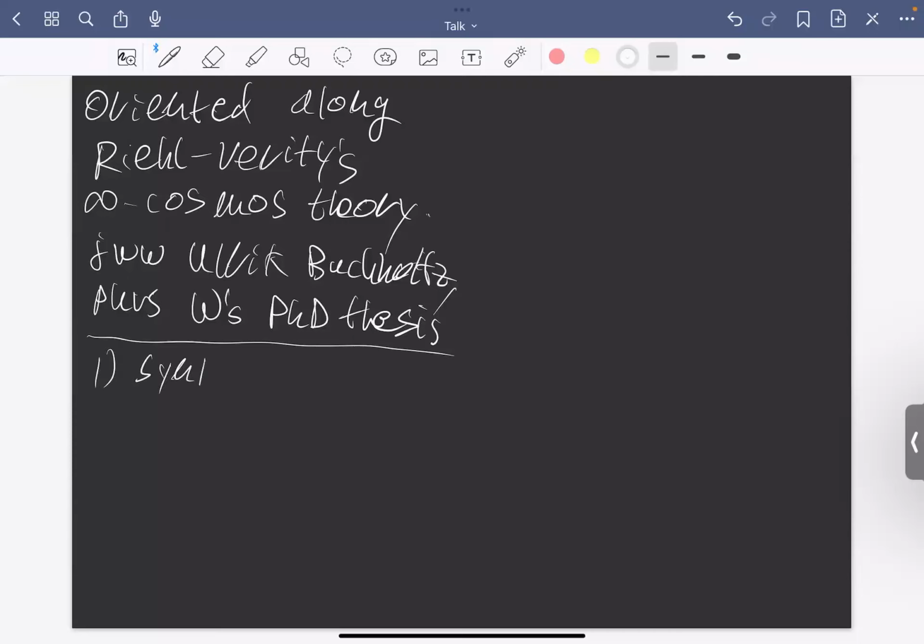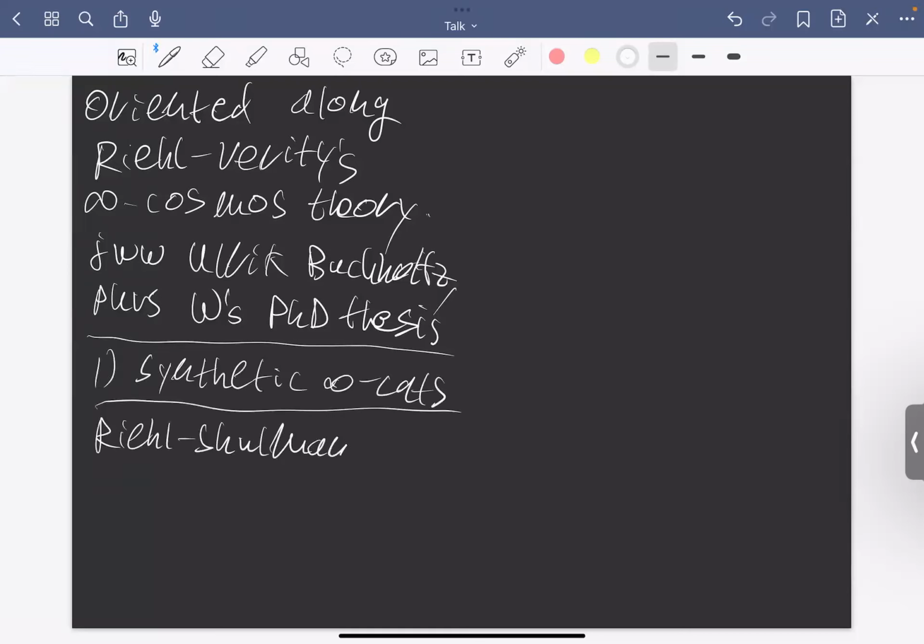What are the notions of synthetic infinity categories that we're considering? So this is Riehl and Shulman's simplicial type theory. This is supposed to be an informal introduction into their type theory.